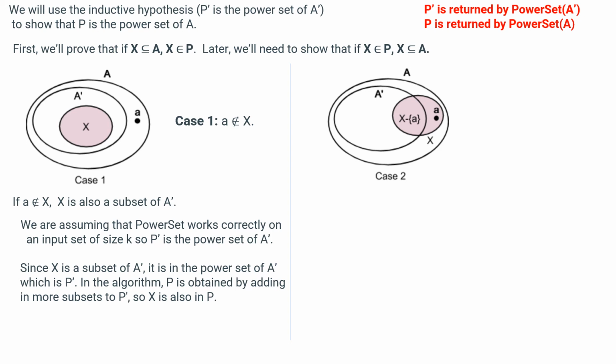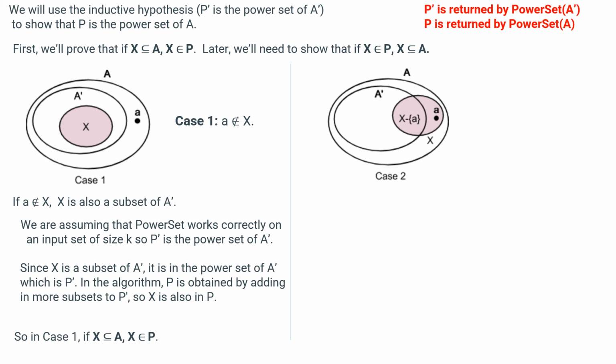But therefore, it would also be in the power set for A. It's going to be in P because we get P by just adding things in. So if it's in P prime, it's also going to be in P. So X is also going to be in P. So we've shown that in this case, any set that's a subset of A prime that doesn't include that first little element that's taken out is going to end up being in P.